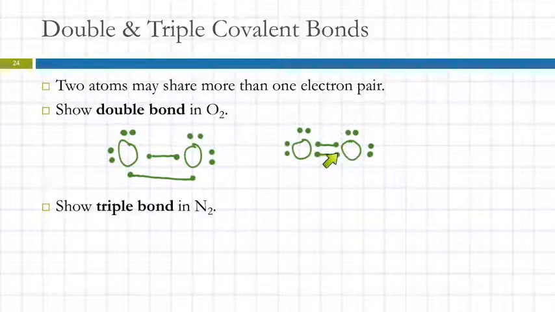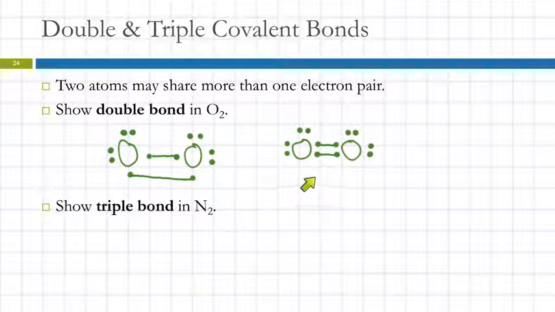This oxygen has 2, 4, 6, 8. Both atoms have an octet. That's why oxygen forms a diatomic molecule. That's why chlorine forms a diatomic molecule, because when they form those diatomic molecules, they're more stable because now they have 8 valence electrons.